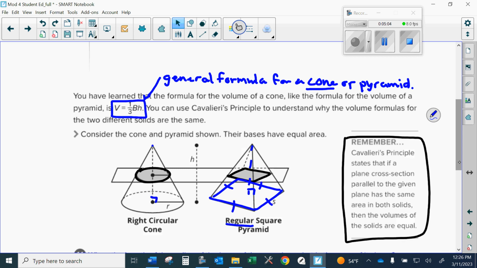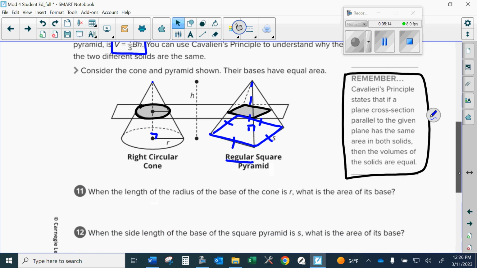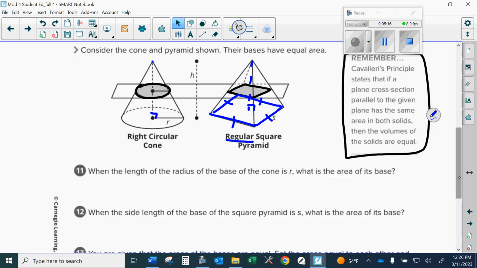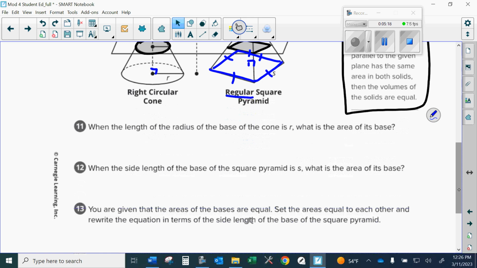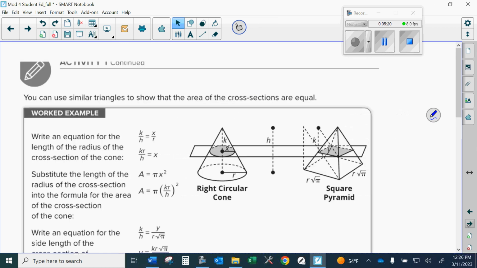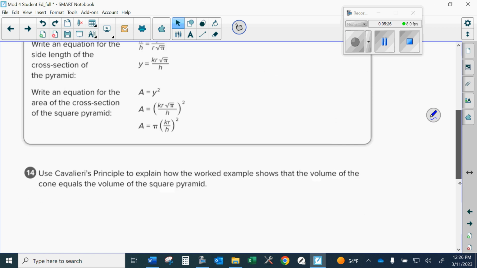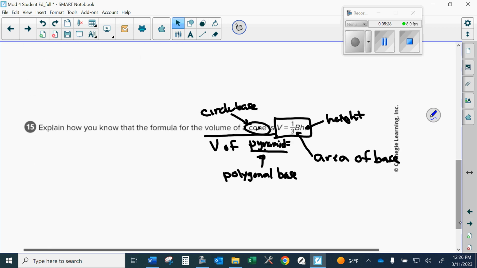So this is four-sided, a four-sided figure that has all the same sides, okay, versus a square. But regular, remember, equilateral and equiangular. Okay, let's go to some problems here.